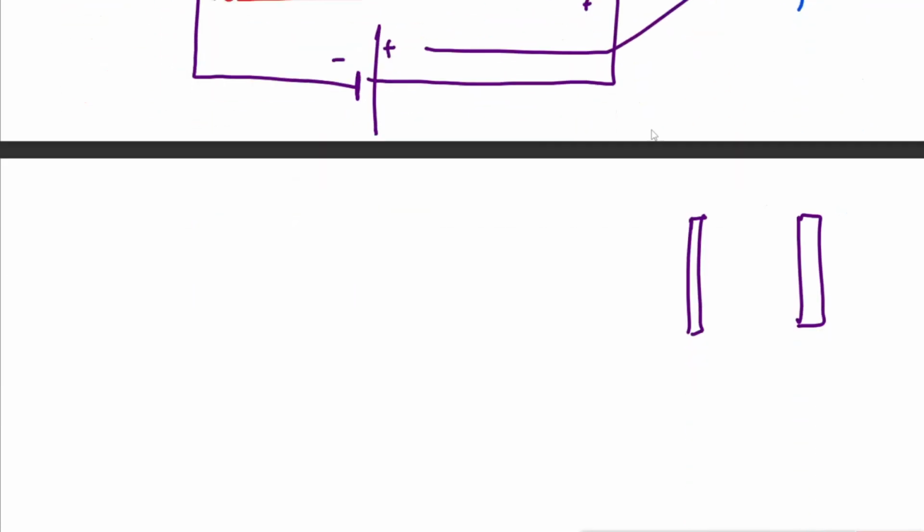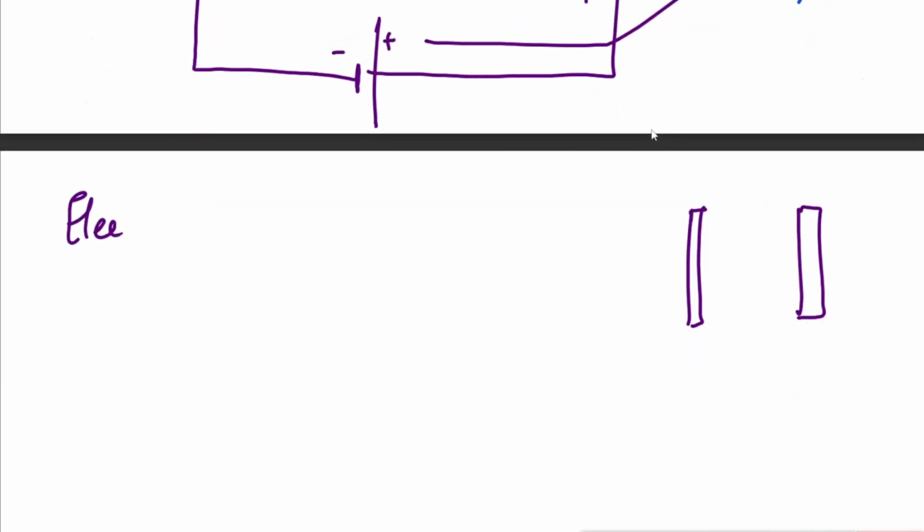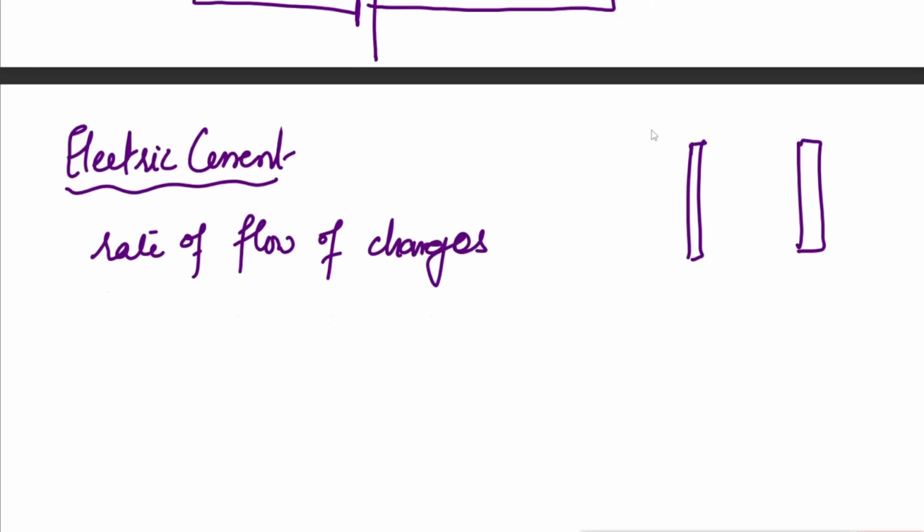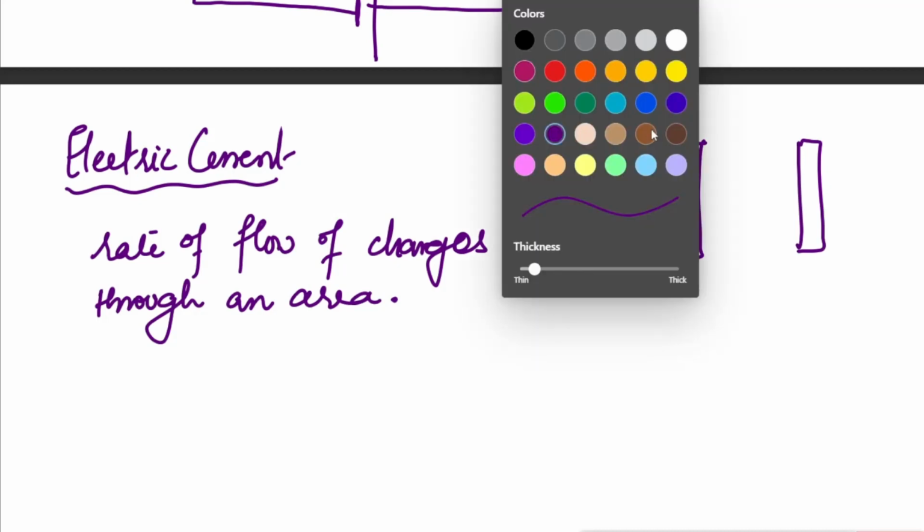I will quantify this as electric current in such a manner that I will say this is the rate of flow of charges through a cross-sectional area per unit time, because when we say rate, it includes that word as well. So how do we make the formula out of this?